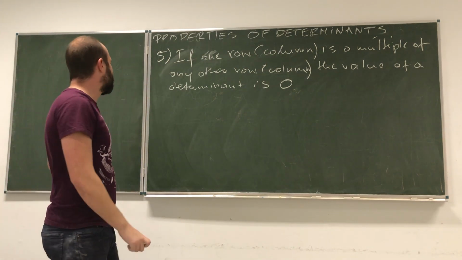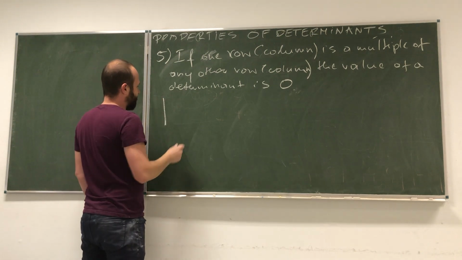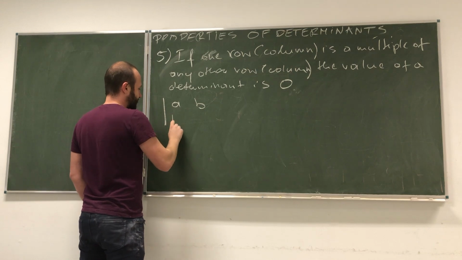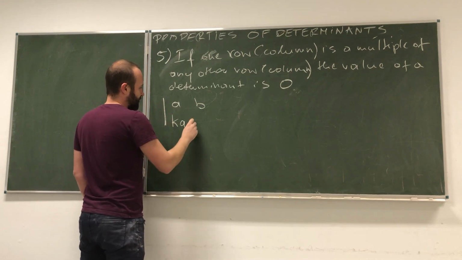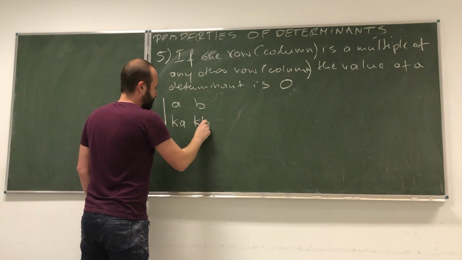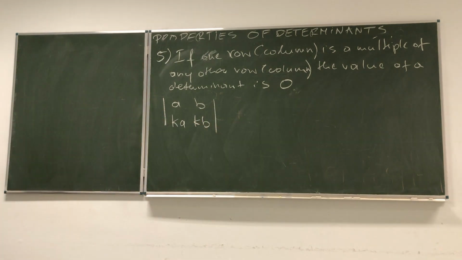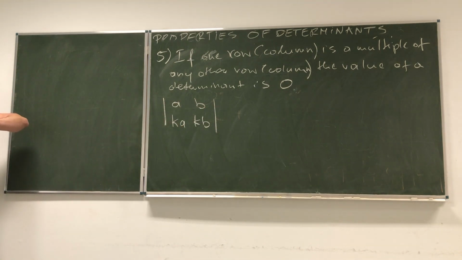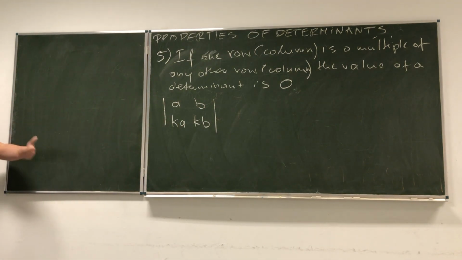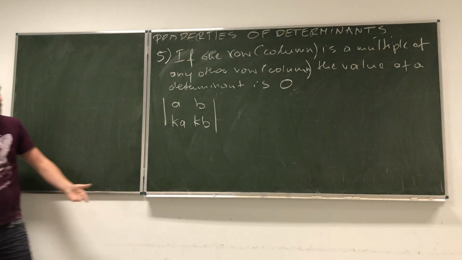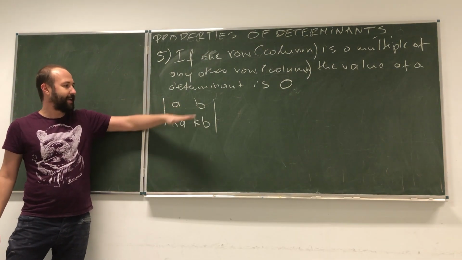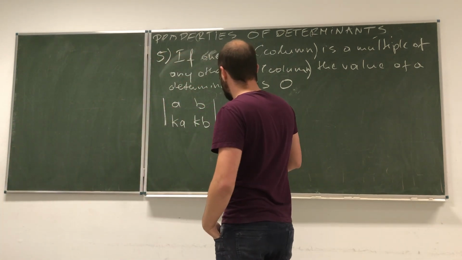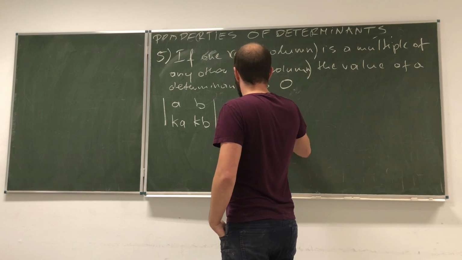Okay, first, how do we get this? Look, if I have, for example, that here I have A, B, and here I have KA, KB. So we see that those two rows have a very clear connection between them. Because if I multiply this row by K, I will get this row. Now, if I calculate it all out, I get KAB minus KAB.